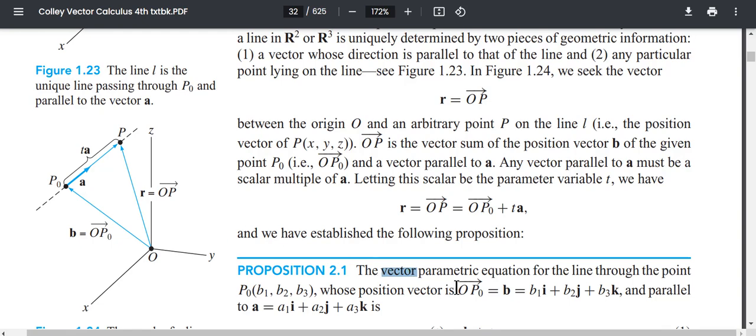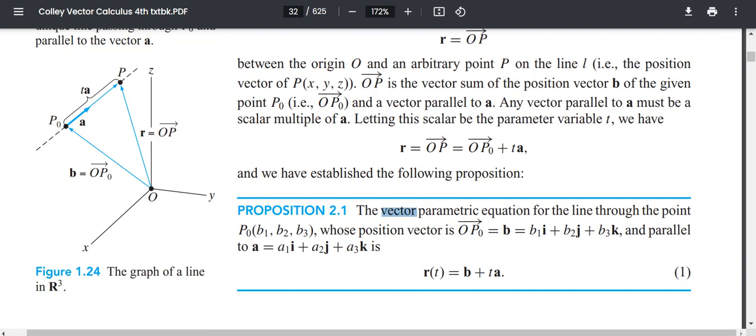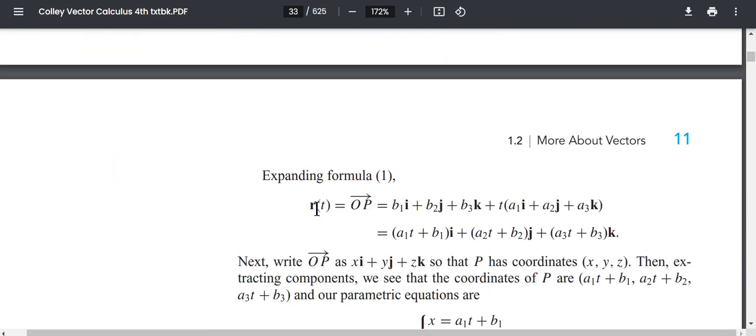So we'll leave the left-hand side as it is for the moment, but we'll write OP as the sum of b, this part, and then t times A, this part.